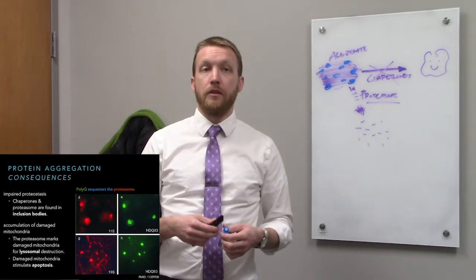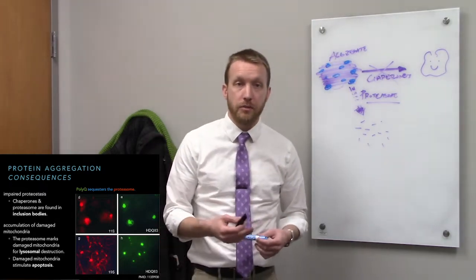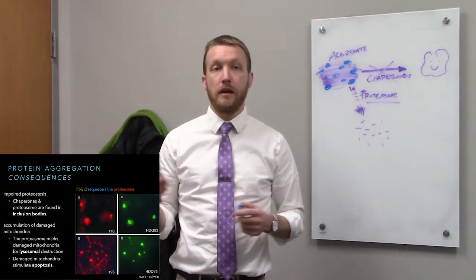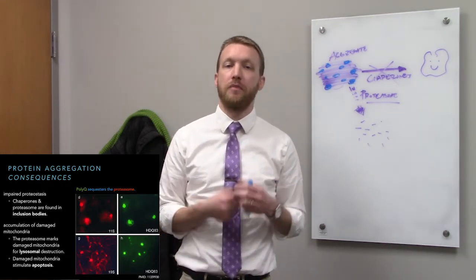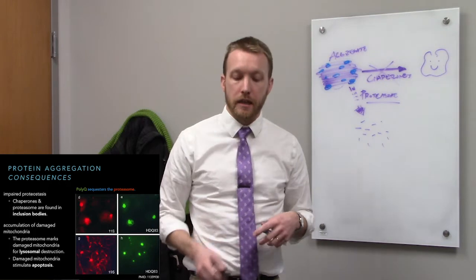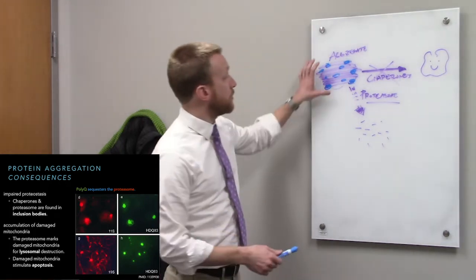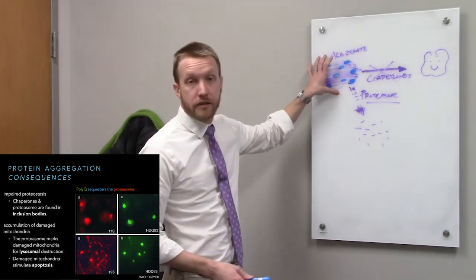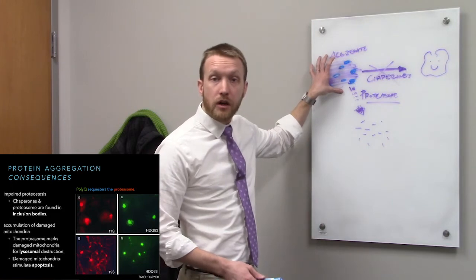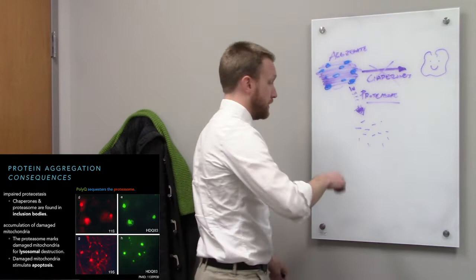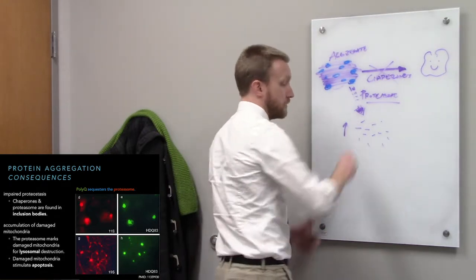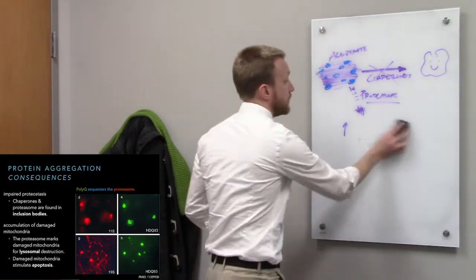Now, the proteasome is also going to be involved with destroying the mitochondria. So it's going to help tag it for destruction so that it gets engulfed by lysosomes. If we're tying up our proteasome by trying to destroy this ball of junk, what that allows is the accumulation of damaged mitochondria.